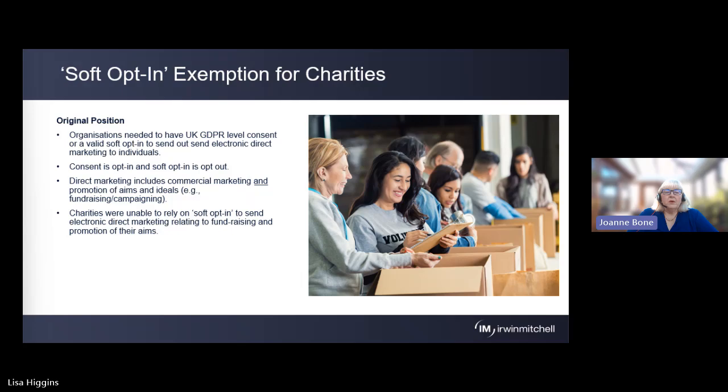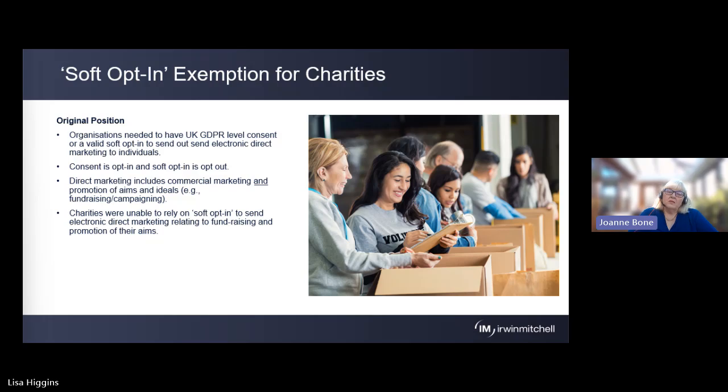So what I'm talking about here is electronic direct marketing, and it's quite an important change for charities. Appreciate that not all schools are charities, but certainly some schools are charities, and some schools have charities allied to them. So it is something that's a fairly big change for charities.